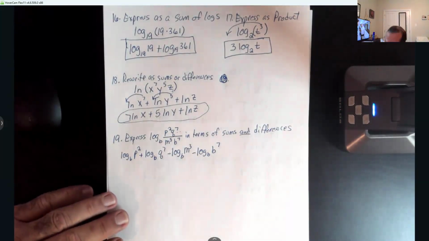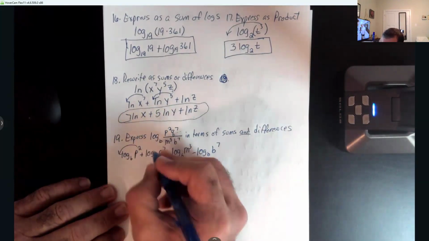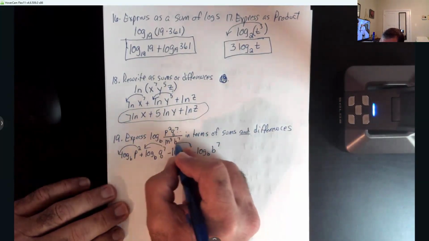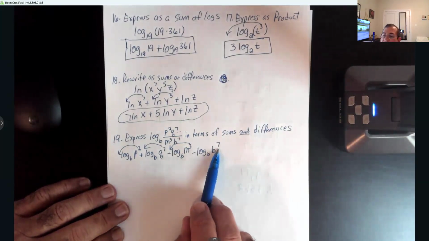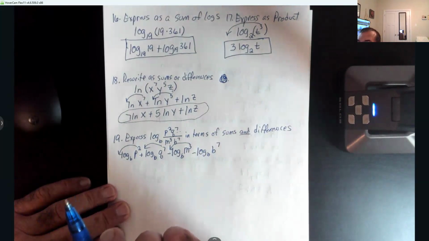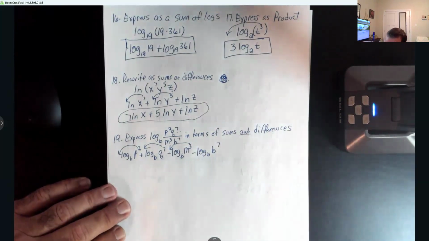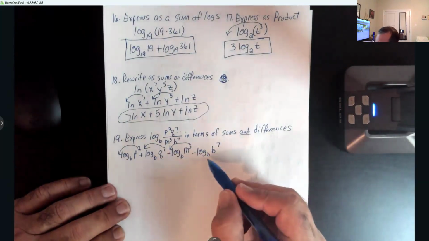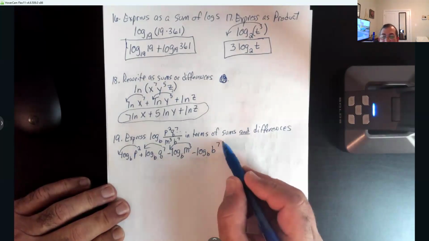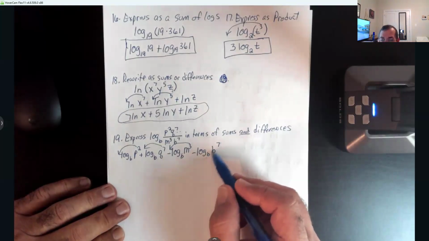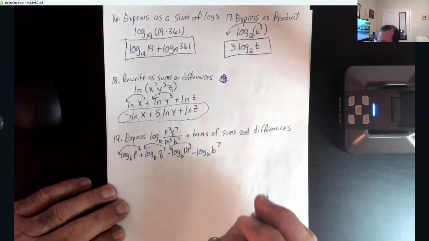Now, three of these, you're bringing the exponents down. But here, log base B of B to the 7th, what you got there looks like, good job, y'all, it would be just a 7. Because the base and the result raised to that same base matches, then it equals that 7, good job.